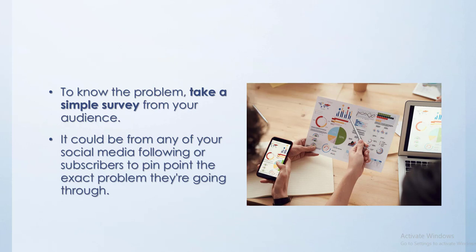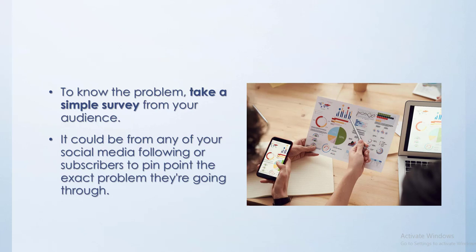It could be people in your email contacts, people on social media, people on your email list, or anywhere that you have subscribers. All you need to do is run a survey, direct it at them, and send it to them to take.